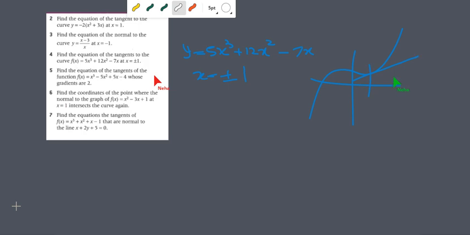This line over here is the derivative of this equation. The derivative will be 15x squared plus 24x minus 7. Can you please write y prime also?